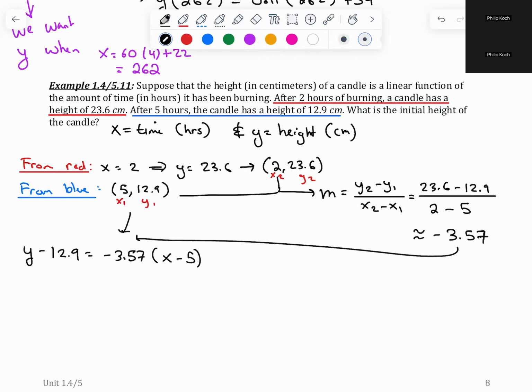So negative 3.57 times negative 5 is 17.85. So we have y equals negative 3.57x plus 17.85 plus 12.9. So y is equal to negative 3.57x plus 30.75.